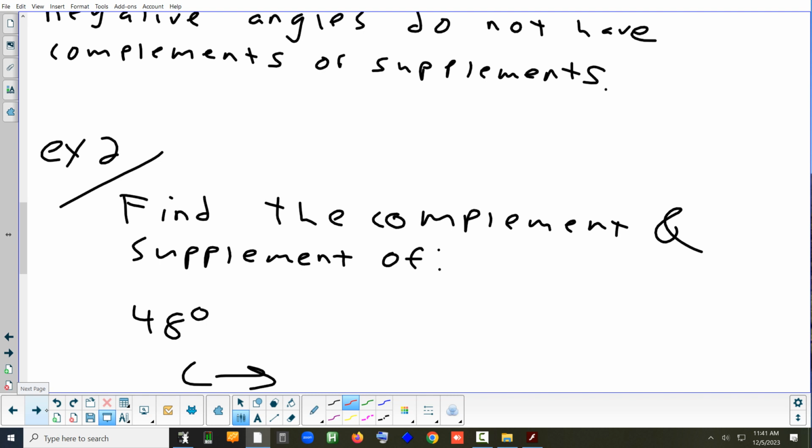What angle is complementary to 48 degrees? 42. And anytime we are labeling an angle, we always have to put the symbol on it if it's degrees. If you leave the symbol off, that's 42 radians. So anytime you're doing something in degrees, make sure you put the circle.